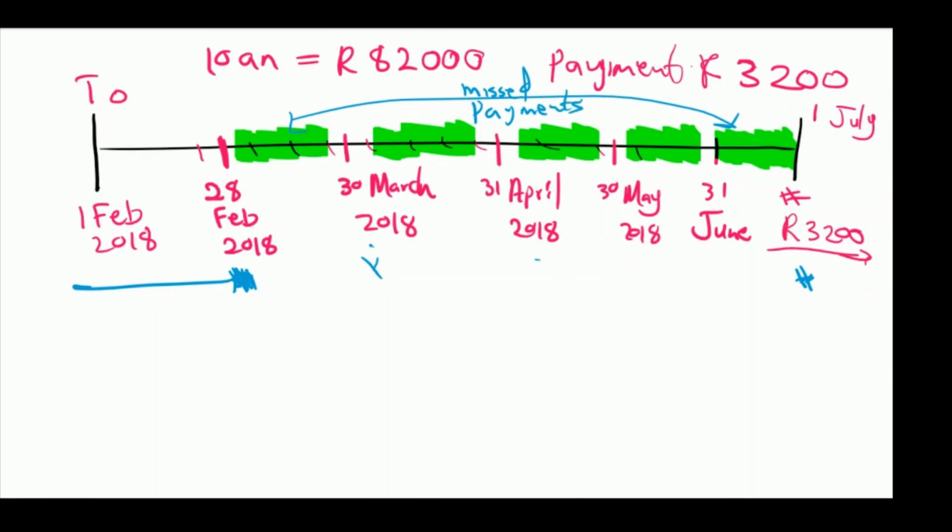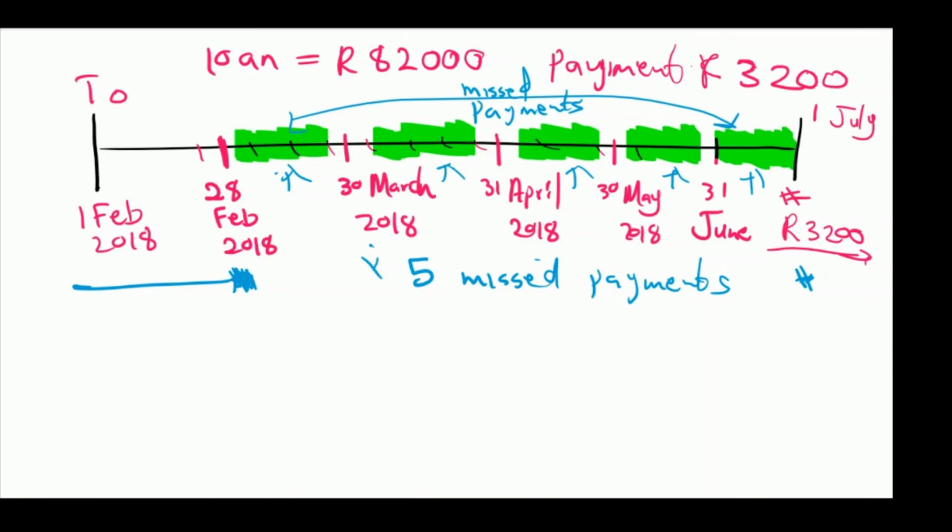You need to count how many green shades there are. It's 1, 2, 3, 4, 5. So it means now we have 5 missed payments, right? So we need to know how much she owes the bank, since she missed 5 payments.